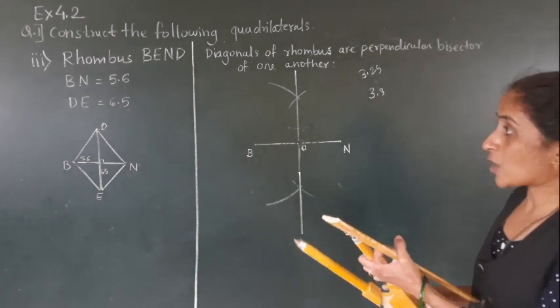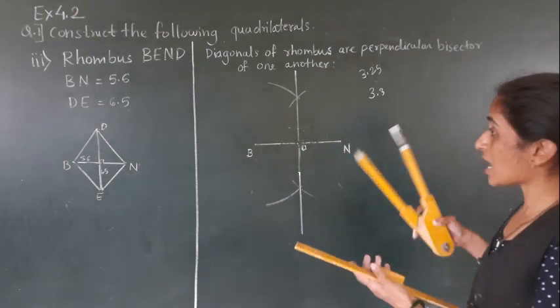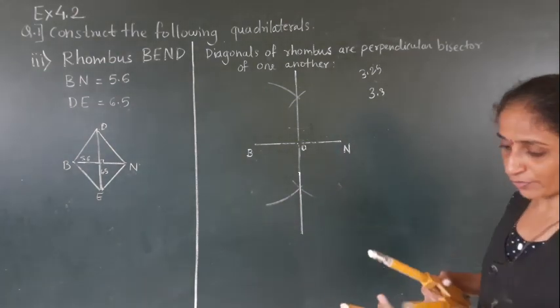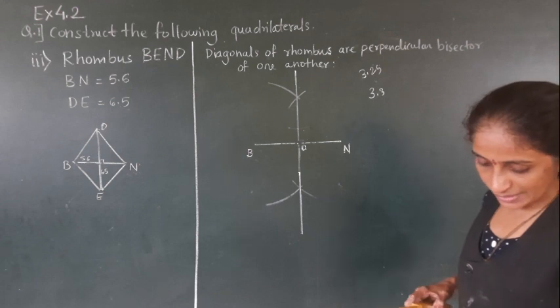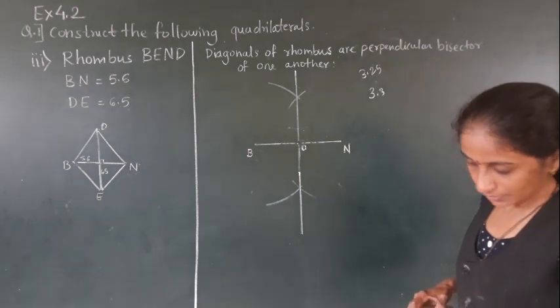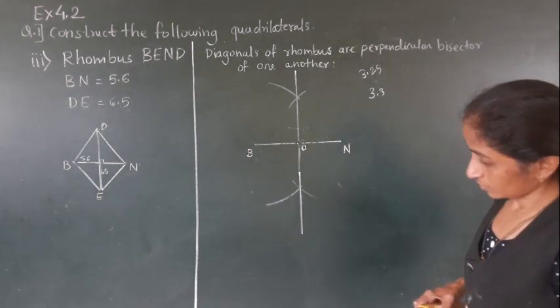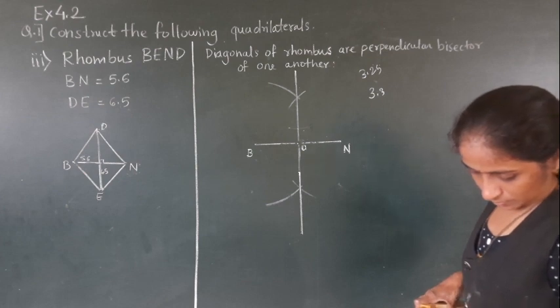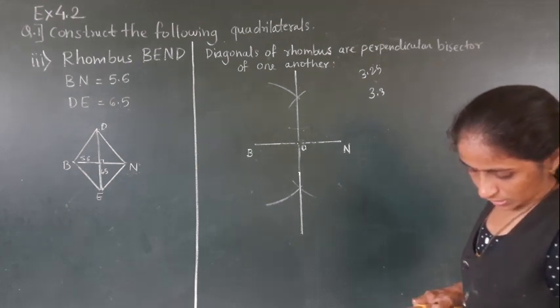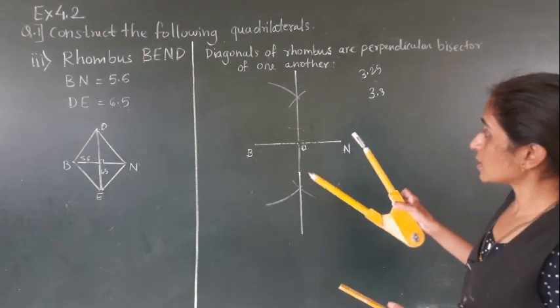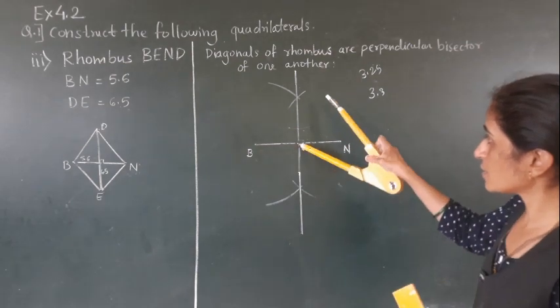Okay, so I will take now 6.5. What is the half of 6.5? 3.25. So 3.25 I will take now. Suppose my 3.25 is this much measurement.